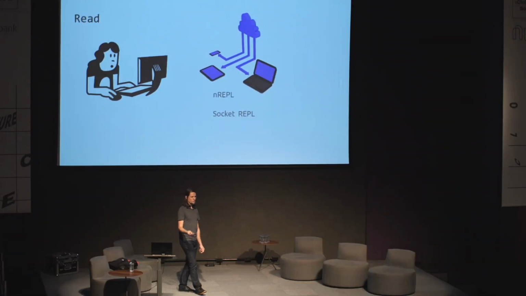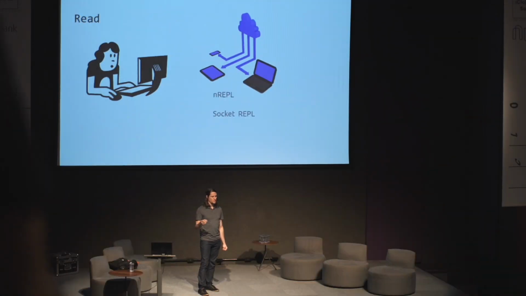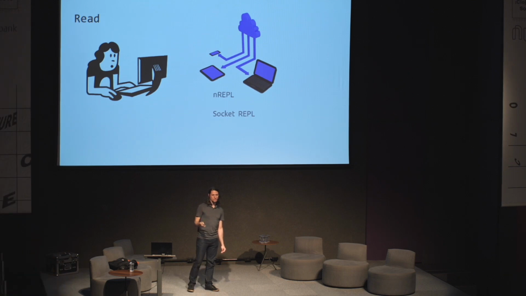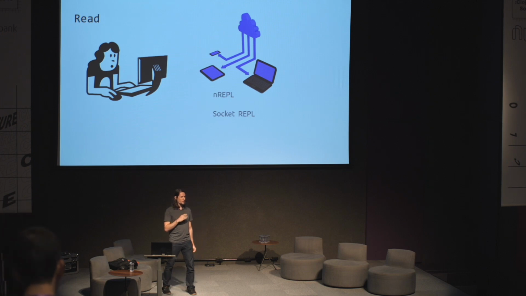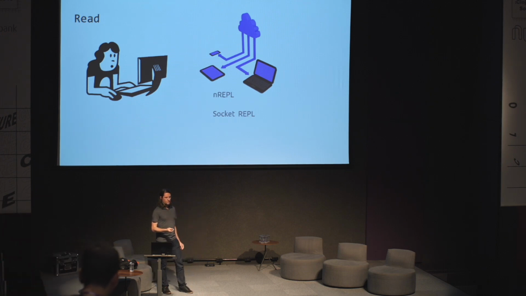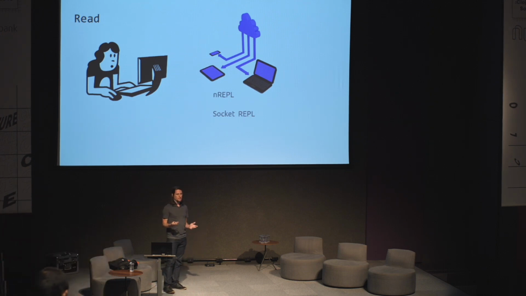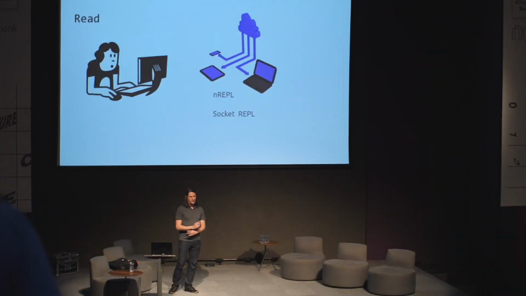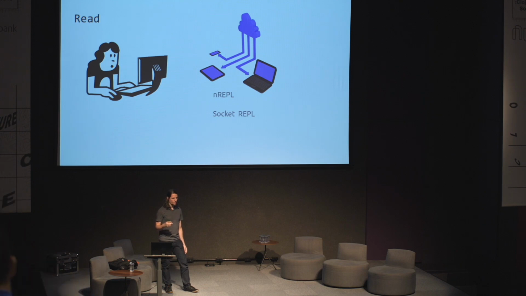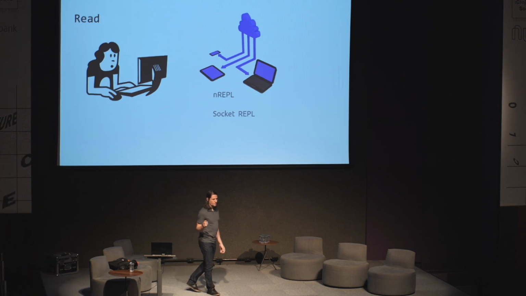You can sideload to ClojureScript with additional libraries, but for example, Lumo and Clojure CLR don't support nREPL as far as I know. Please correct me if I'm wrong. But the socket REPL is ubiquitous. Every new Clojure implementation will probably support a socket REPL. And so I'm betting on the socket REPL for now.